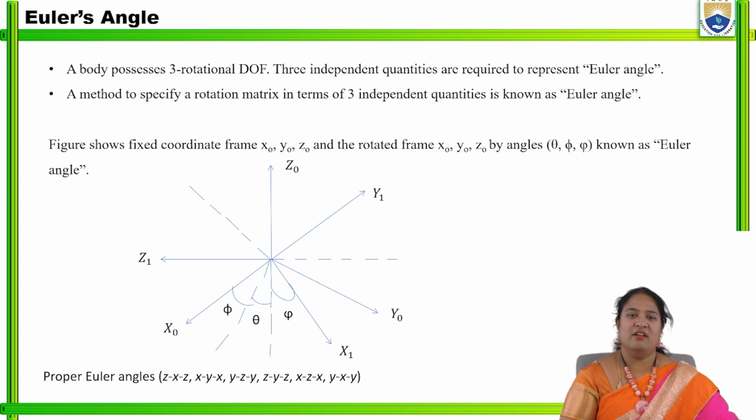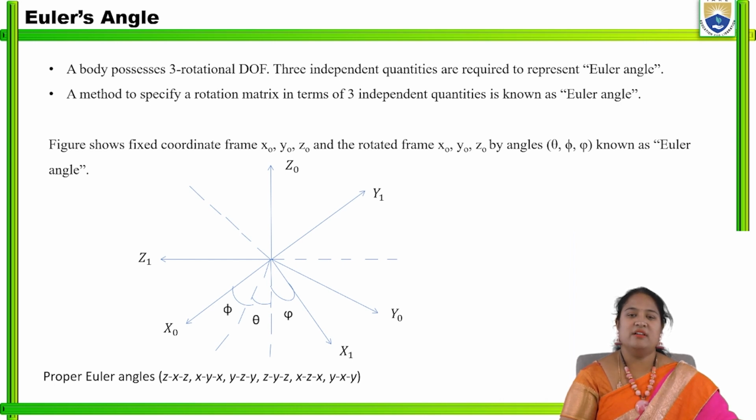In the same way here, the Euler's angle and the homogeneous transformation are also used to identify the orientation or position of the robot's wrist in different applications, in different methodologies, right?